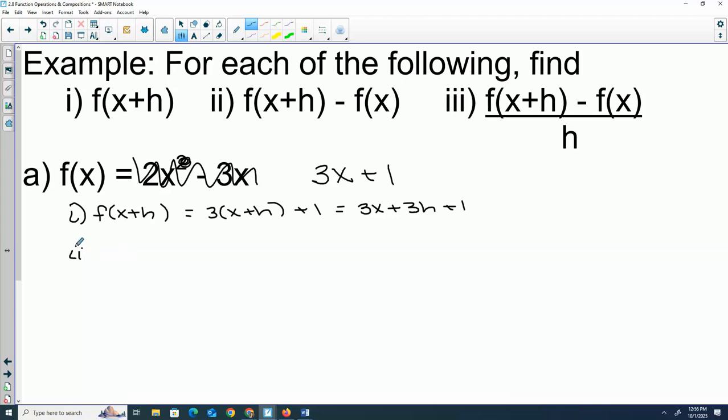The second part, I would tell you find f of x plus h minus f of x. What is f of x plus h? Yeah, it's the answer we just got out. Minus, what is f of x?